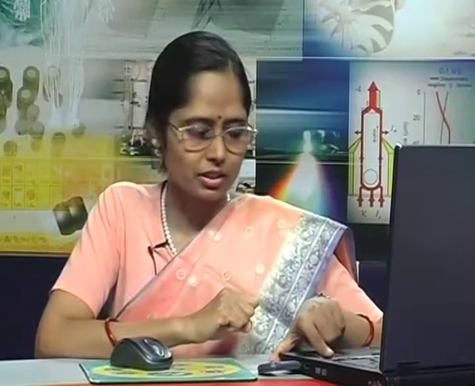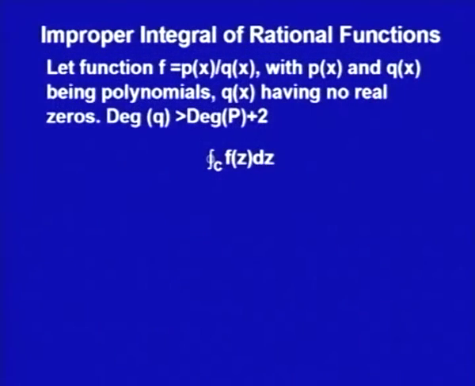So, with these conditions let us try to evaluate the improper integral from minus infinity to plus infinity of f(x) dx. To apply the residue theory, we would change this to the contour integral of f(z) dz, where f(z) is the corresponding complex function, p(z) upon q(z), replacing x by z, the complex variable.